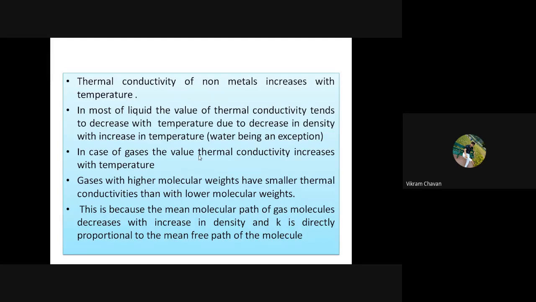So we mention this is because the mean molecular path of gas molecules decreases with increase in density, and k is directly proportional to the mean free path of the molecule.